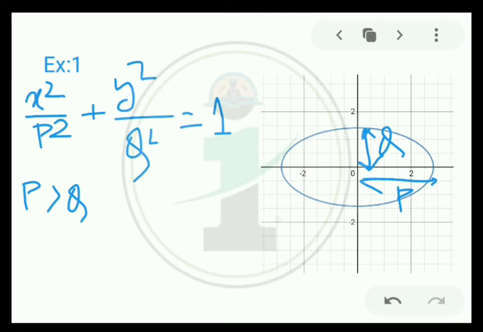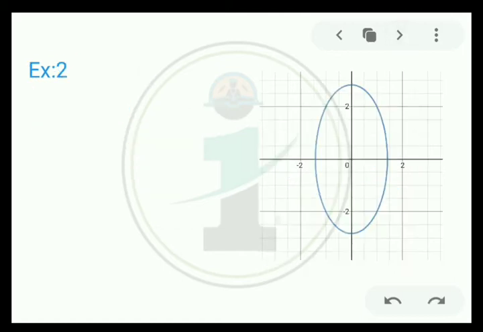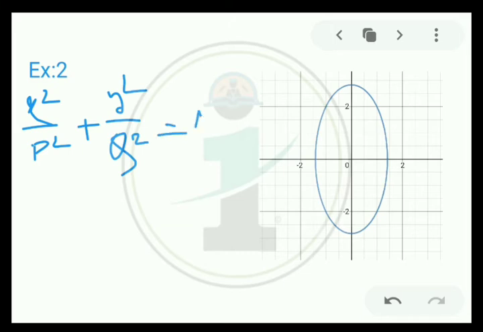Let us move to the next diagram. In the next diagram you can see the equation will not be changed. The equation will be as before: x square by p square plus y square by q square equals 1, and as before I have taken the center at the origin.